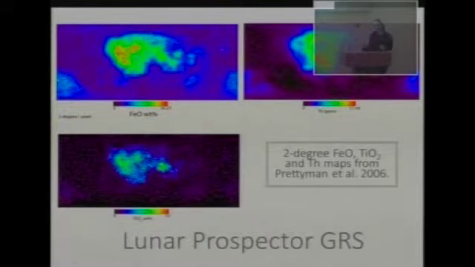Titanium allows us to distinguish between different types of basalts, because on the moon we have one type of basalt with a low titanium component and another with a high titanium component. We used the 2 degree datasets because it's a good combination between resolution and accuracy in the measurements.